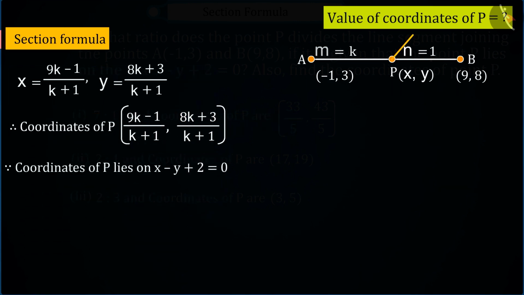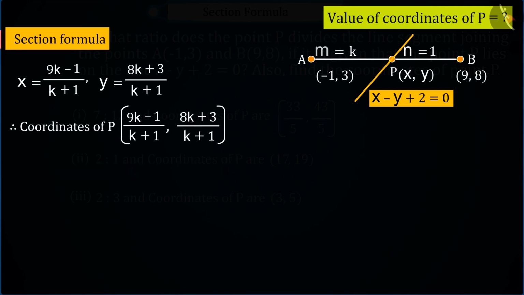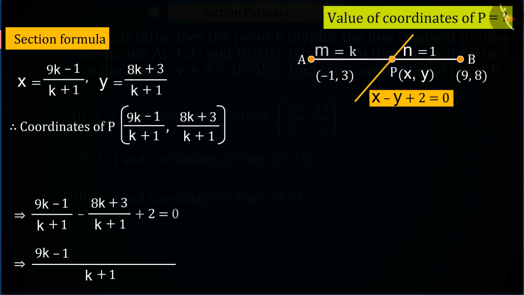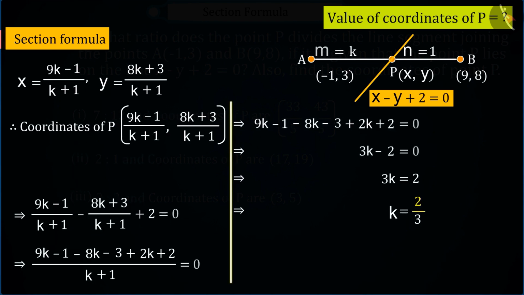Since the point P lies on the line x minus y plus 2 equals 0, by putting the values of x and y in this equation, we get the value of k as 2 upon 3, from which we can say that line segment AB is divided by point P in 2:3.